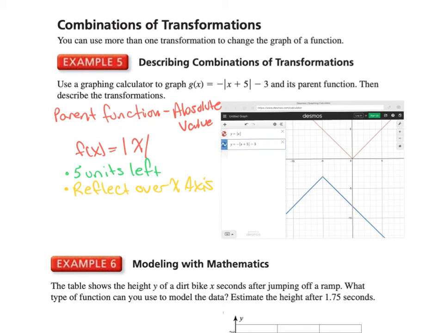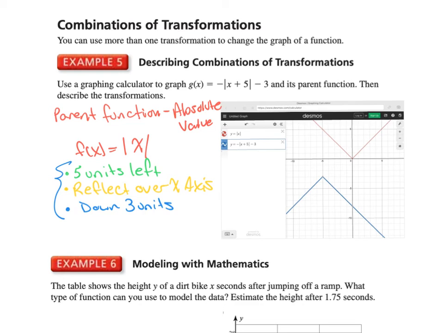So I'm going to erase this part and flip it upside down, so now it looks like this. That's the reflection. For the last thing, I'm going to move it down 3 units. So those are the transformations that are occurring to map the parent function onto my new function.